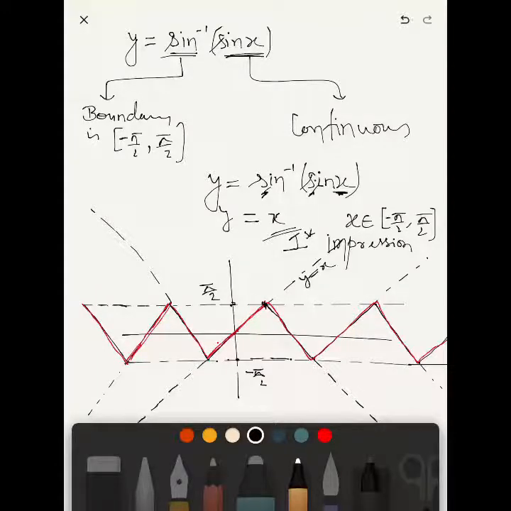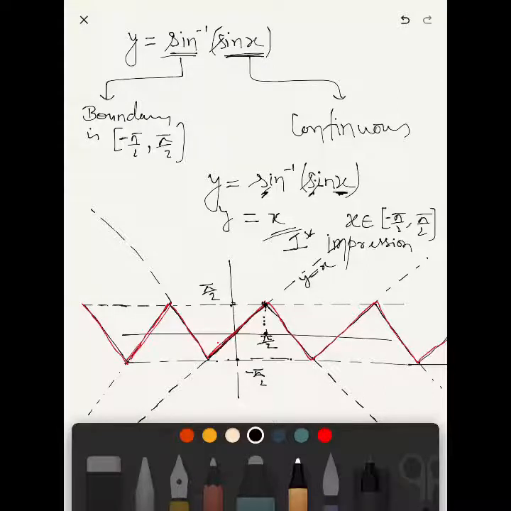So here you will have the value of x as pi by 2. This was your first impression, isn't it?